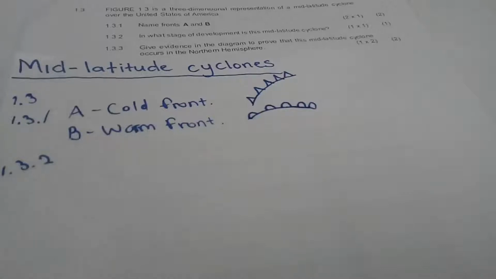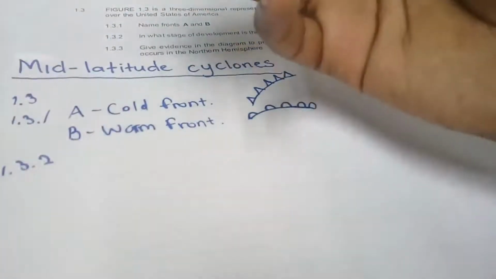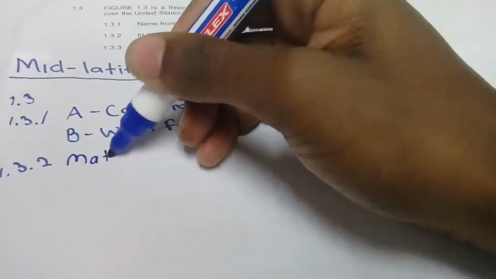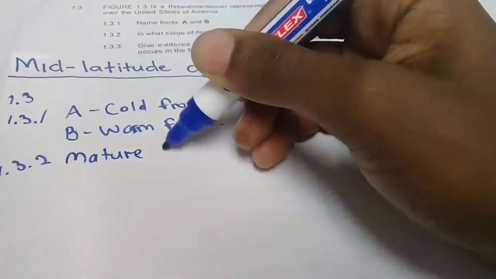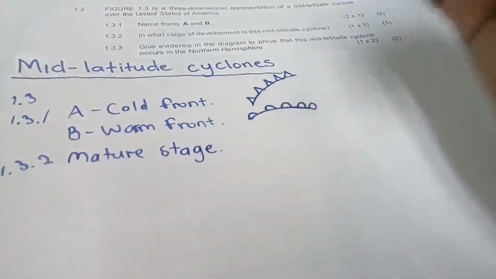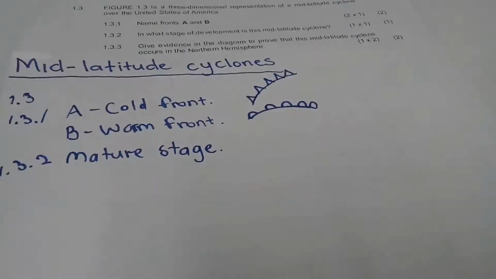This mid-latitude cyclone is in the mature stage. Why I'm saying it is the mature stage, although the question didn't ask why, I'm explaining further, guys, by supporting this answer.